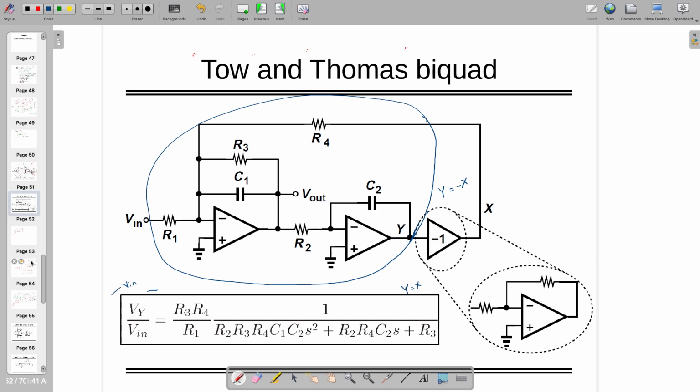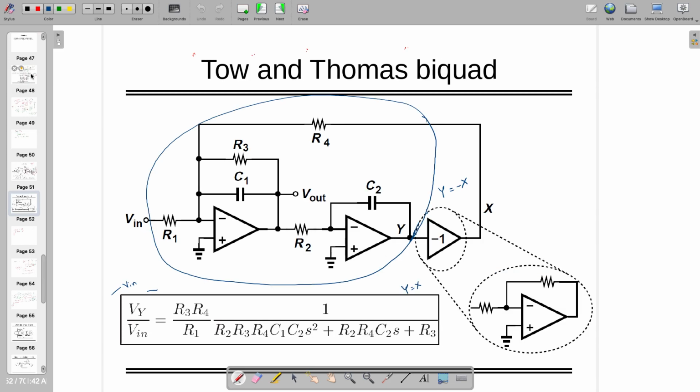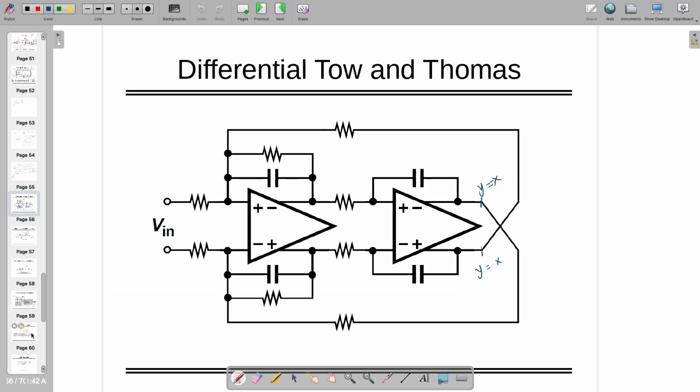So I can short both of them as follows. Here it was y, which was minus x, and y plus x. So I can take minus and plus, which is available inherently. I don't need an extra op amp. This was told by Toe and Thomas, and he told that the effective number of op amps which I need will be 2 only, not 4.